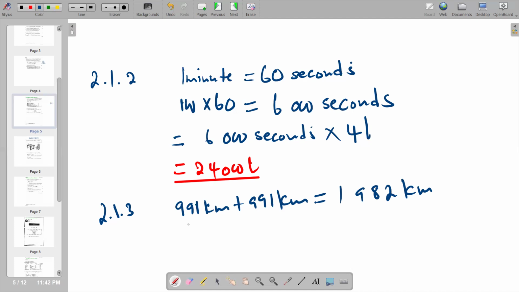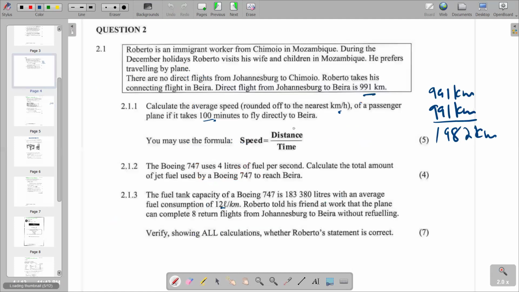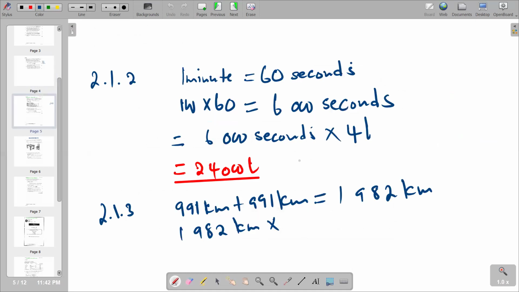Then we say 1,982 kilometers, we multiply by the consumption per kilometer, which is 12 liters. So you're going to see that the answer you get is 23,784.